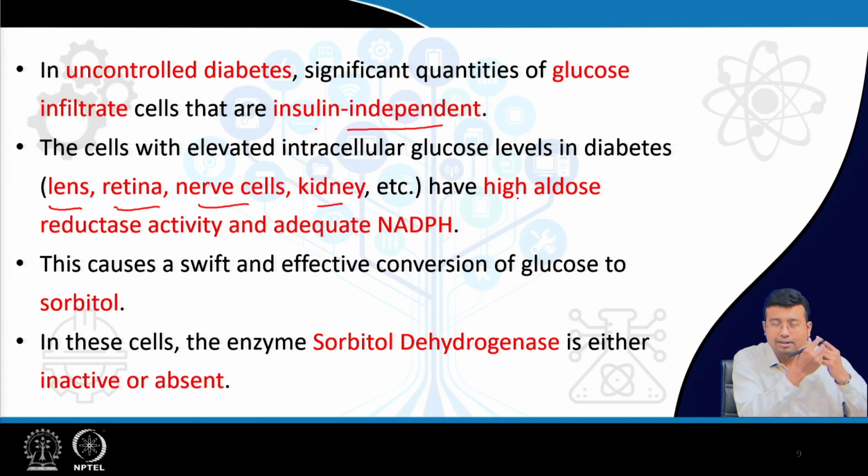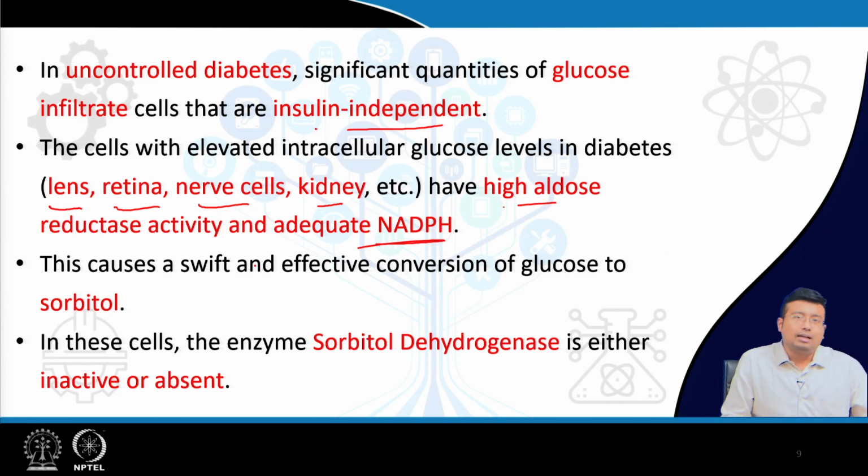The lens is actually in the eye only. So, they have got high aldose reductase activity and adequate NADPH. So, what happens?